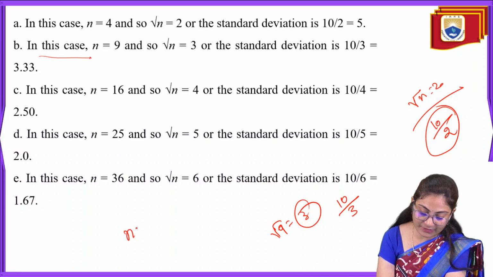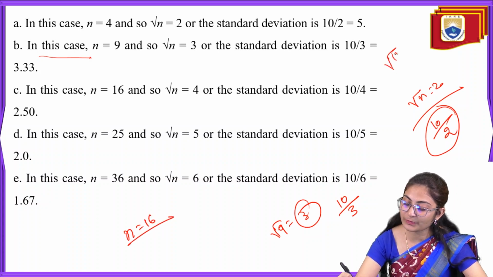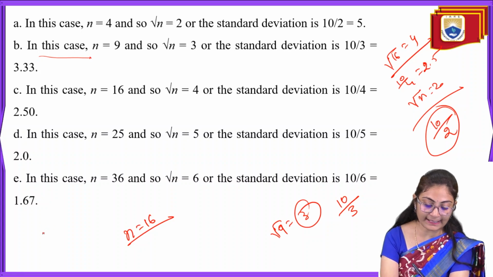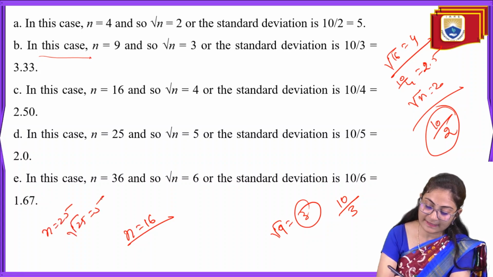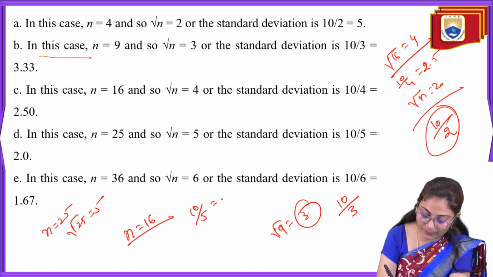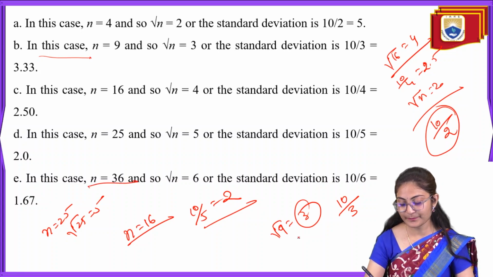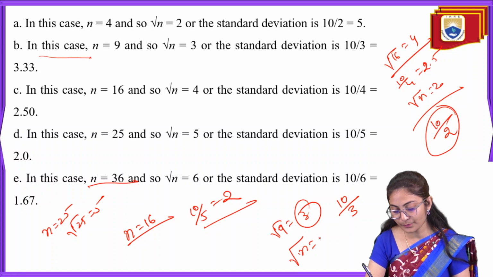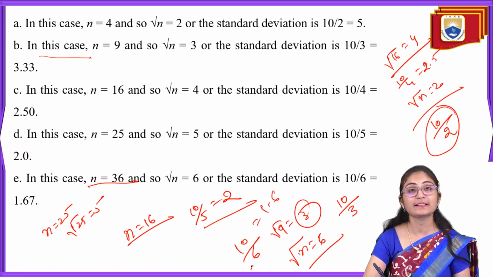Then n is equal to 16, root of 16 is 4, so 10 divided by 4 is equal to 2.5. Then n is equal to 25, root of 25 is 5, so 10 divided by 5 is 2. Then n is equal to 36, root of n is 6, so 10 by 6 is 1.6.